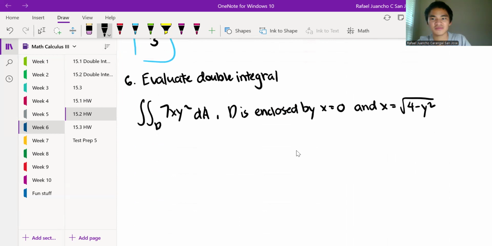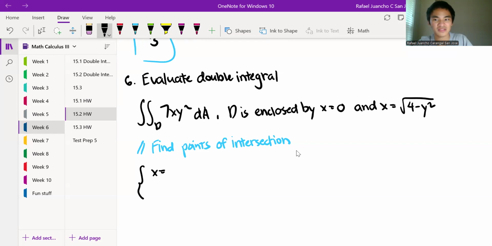So here I have a system where I can just plug it in. So again, I'm just gonna find points of intersection. Then I'll determine the types. So points of intersection, we have a system here. X is this. X is also this.